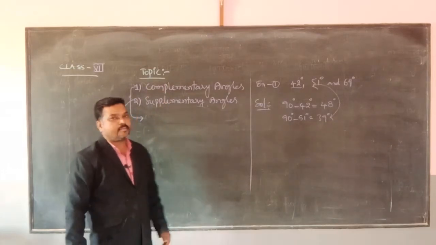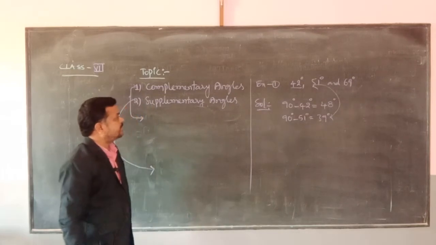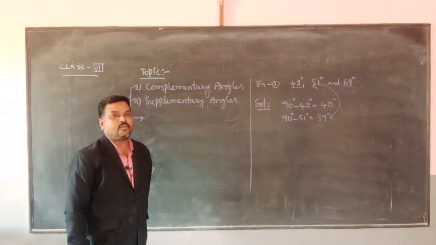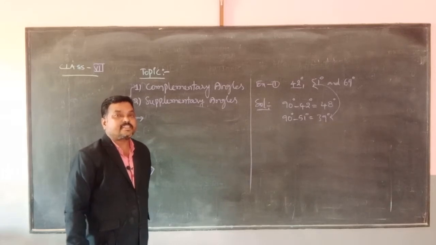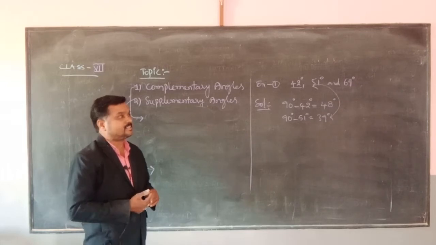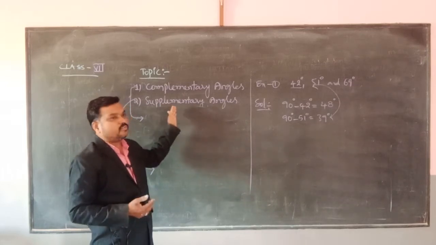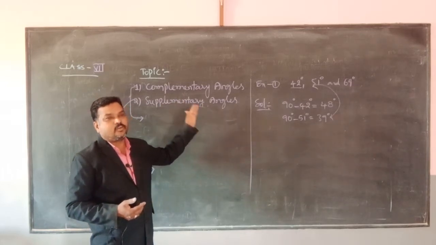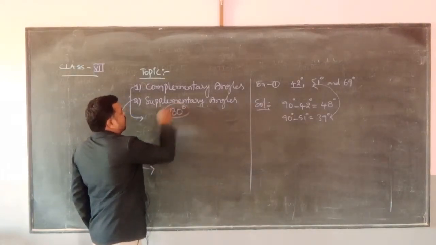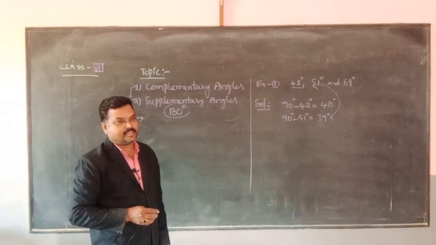Supplementary angles mean the sum of two angles is equal to 180 degrees, or a straight angle. We know very well the measure of a straight angle is 180 degrees. It means two angles whose sum is 180 degrees are called supplementary angles.